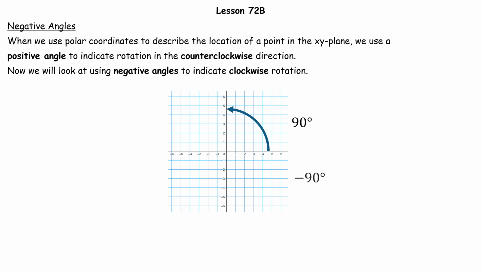If I have negative 90 degrees, what that negative sign is telling me is to rotate in the clockwise direction. So we've already been doing this with positive angles. Now we're going to be doing polar coordinates where we may have negative angles. The only thing that negative tells you to do is just go clockwise instead of counterclockwise.